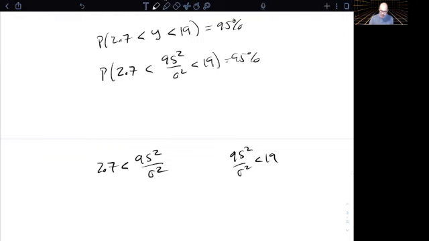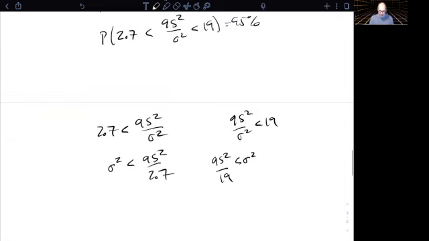So these two inequalities give the equivalent information: sigma squared is less than 9s squared over 2.7, and sigma squared is greater than 9s squared over 19.